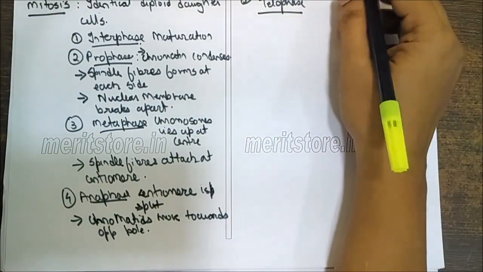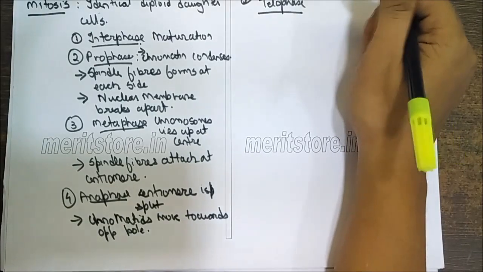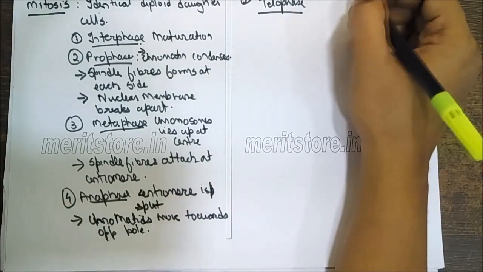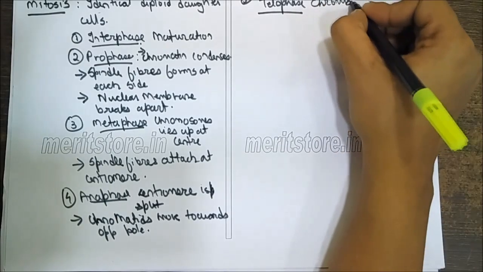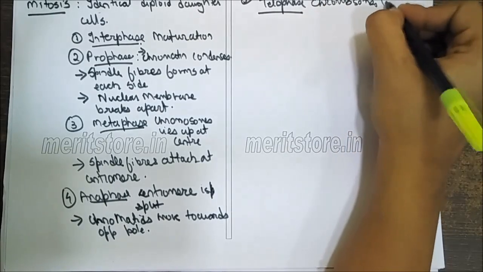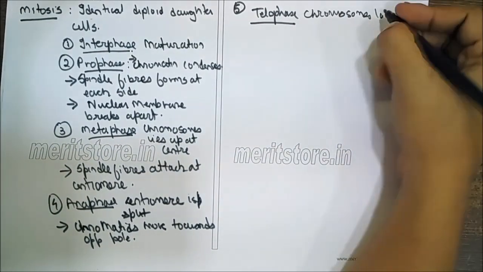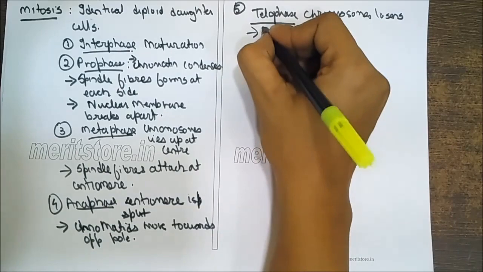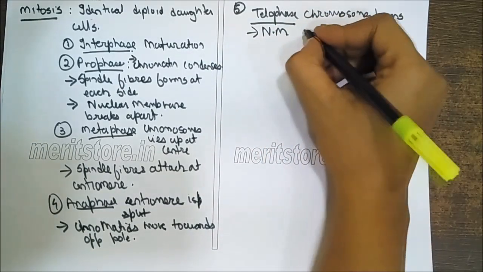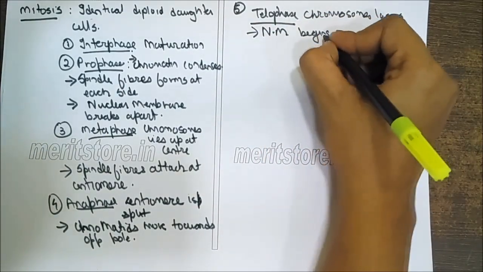In telophase, the chromosomes loosen on each side and the nuclear membrane begins to appear around the chromatin.